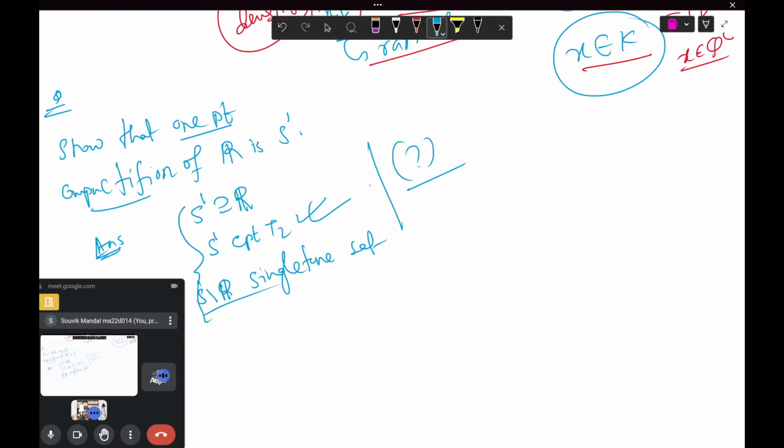But the thing is, S1 contains R directly is not possible. So for this we need to use some kind of trick.